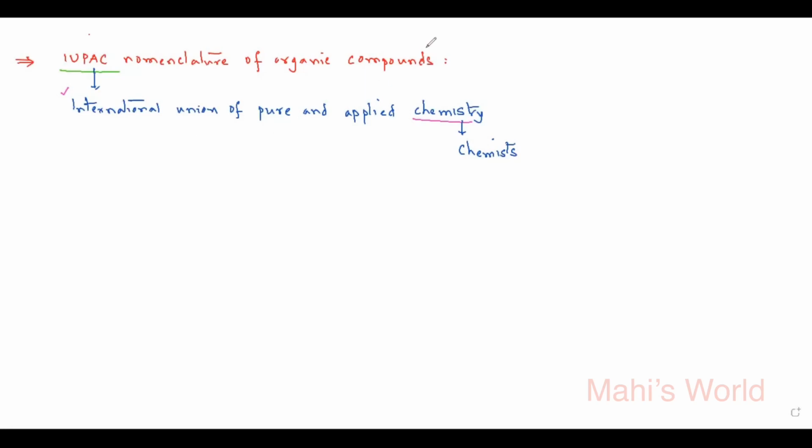See, in IUPAC, the name of an organic compound contains three parts. The first one is a root word or word root. Next, of course, suffixes written after the root word.